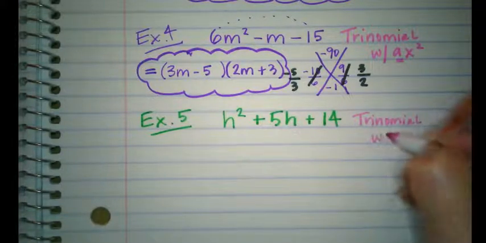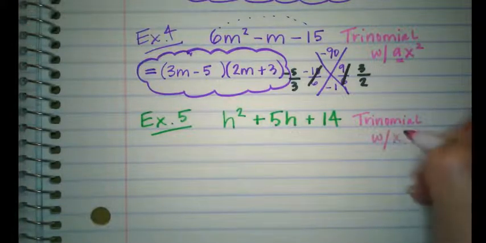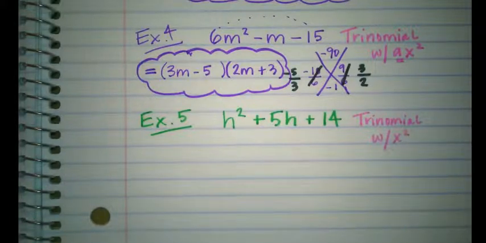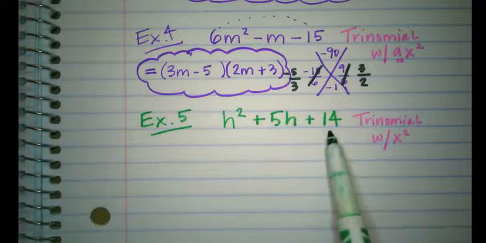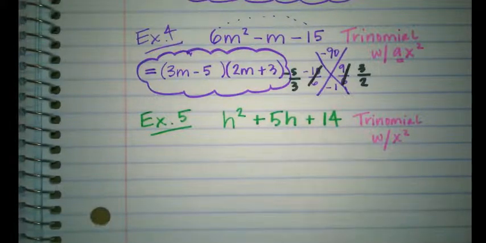a trinomial with just an x squared. So there's no number in front. And actually it's an h squared, but you understand what I mean. So there's no leading coefficient. So we can use the big X if you want to, or we can just think of numbers that multiply to be 14 that add up to 5.